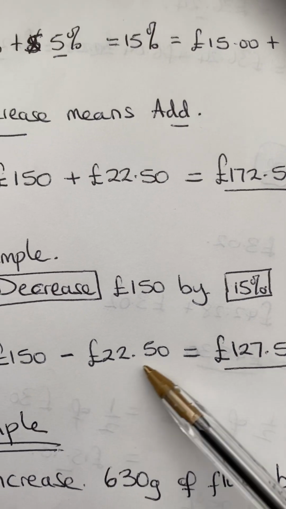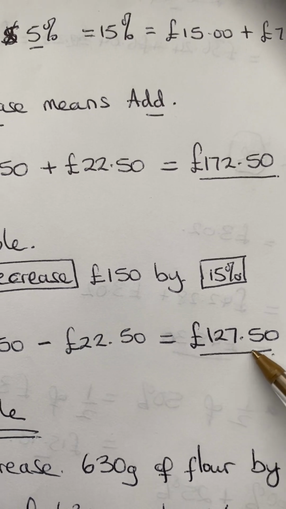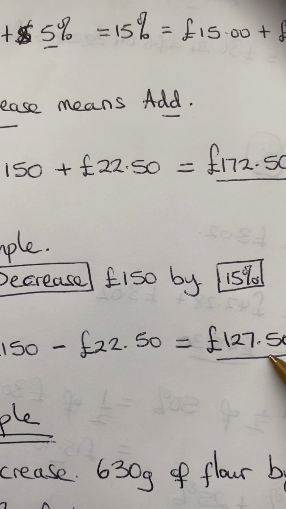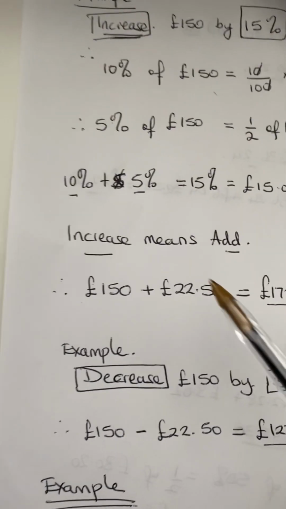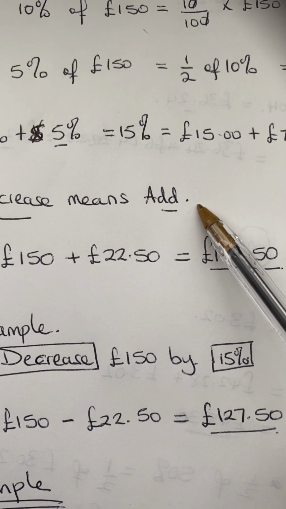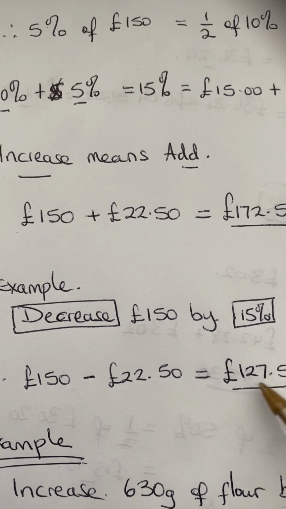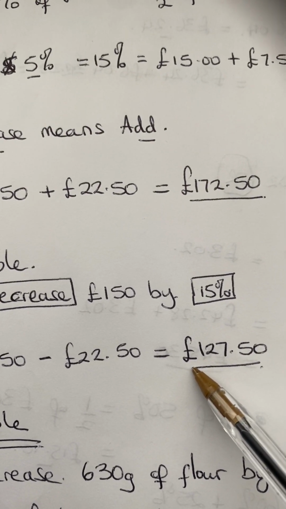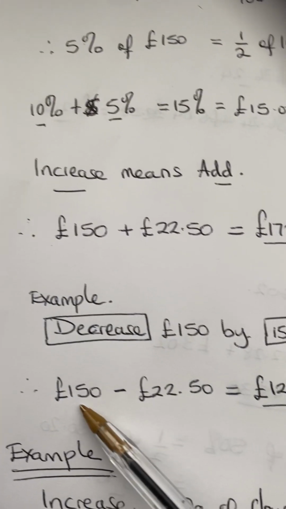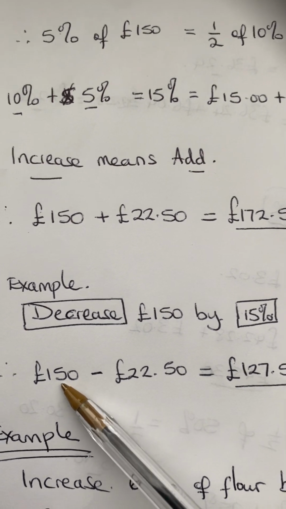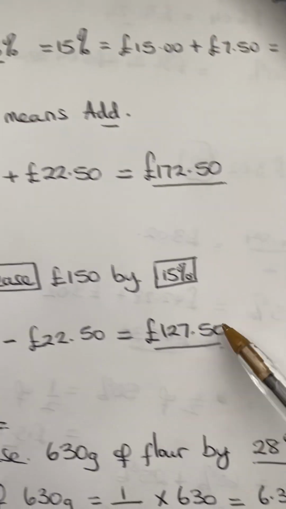You can also do this off the top of your head. Okay, so when it's increase, we add. When it's decrease, we subtract. The answer will be in pounds because we are trying to find the percentage increase and decrease in pounds.